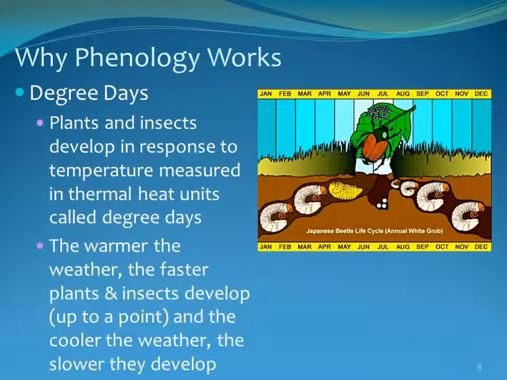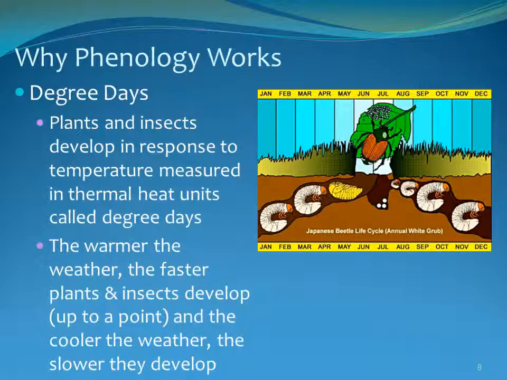And that segues perfectly into talking about degree days and why phenology works. As I've already mentioned, plants and insects develop in response to temperature that is measured in these thermal heat units that are called degree days. And usually these degree days start accumulating sometime in March, and they continue through the growing season.